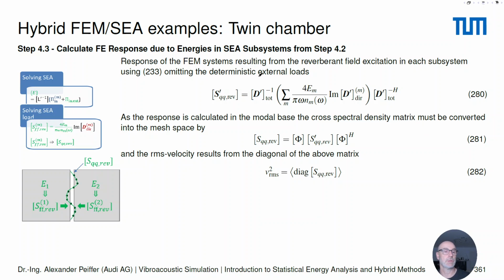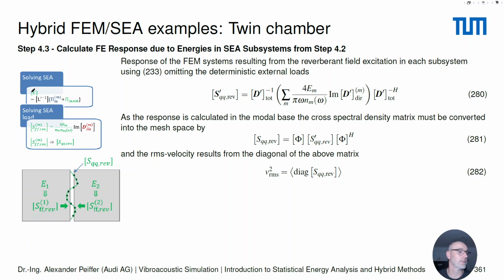And here I'm using the classical diffuse field reciprocity equation again, which gives me the cross spectral density of the excitation of the reverberant field, and then I get the response of the plate again.